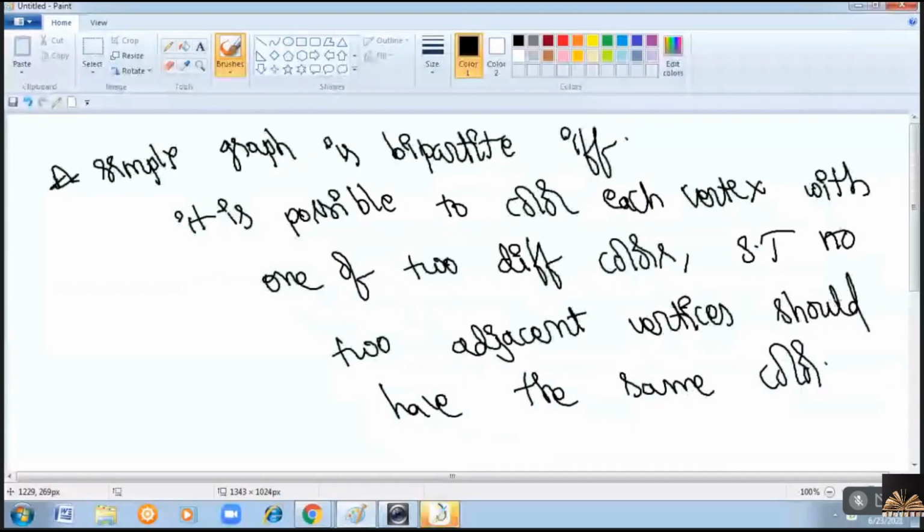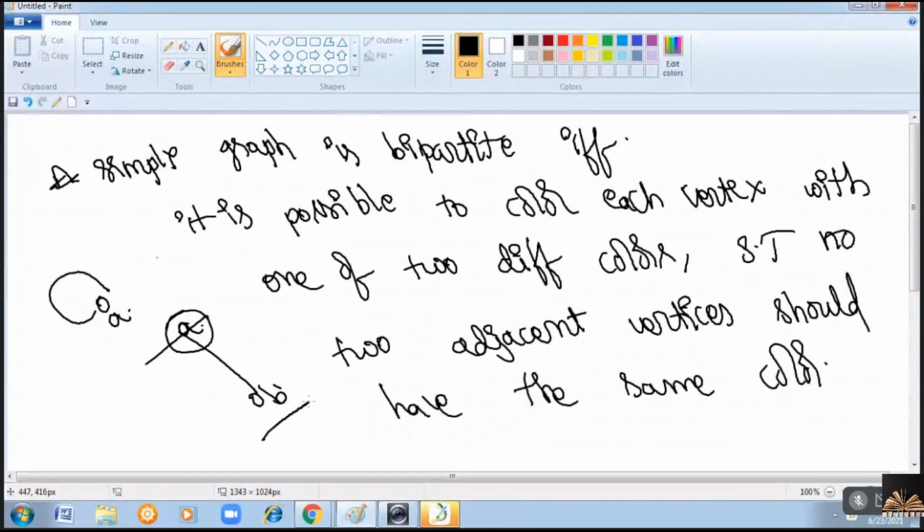Why can we not have a loop in a bipartite graph? Because a loop is from the same vertex to itself. If the loop is from A to A, then A will be in one group. Then how can you draw the edge? According to the definition of a bipartite graph, the edge should be drawn such that one vertex is in one group and one vertex is in another group.